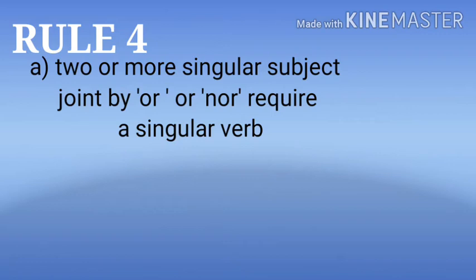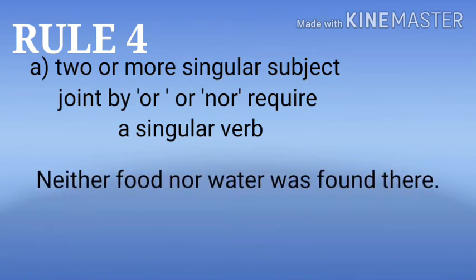For example, "Neither food nor water was found there." In this example, we have two singular subjects, food and water, which are joined by "nor." And the rule says we have to use a singular verb here, "was."